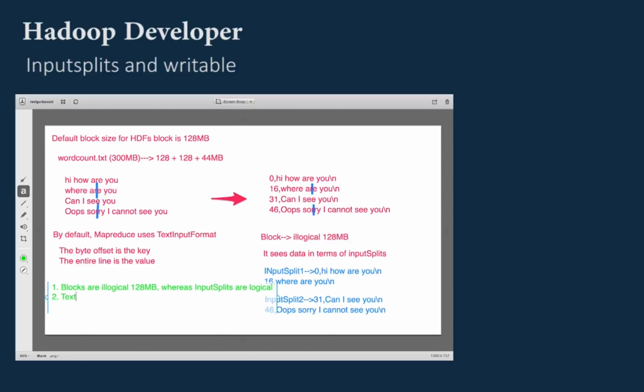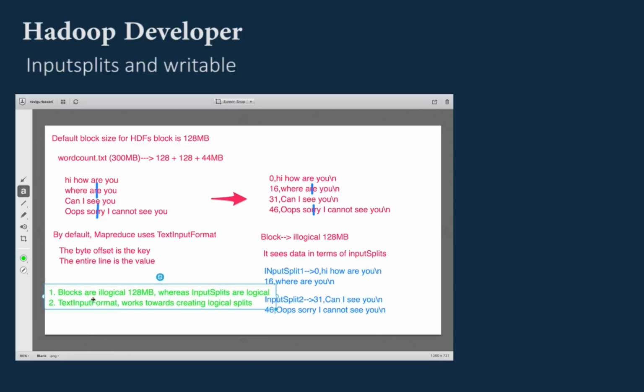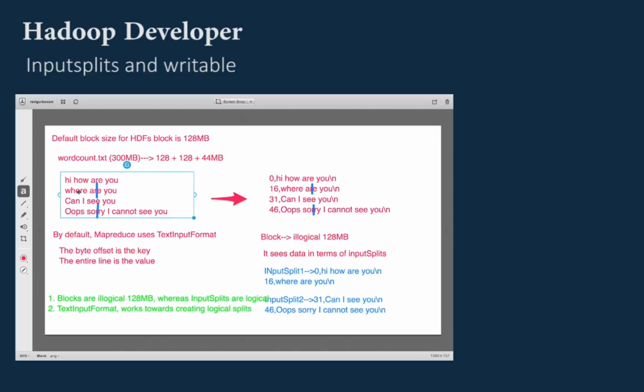Second, TextInputFormat looks at the data differently. From face value there are 3 blocks of 128, 128 and 44, but the way input split sees it is, input split starts navigating and it looks like, oops, there is something not completing, and it goes till the end.